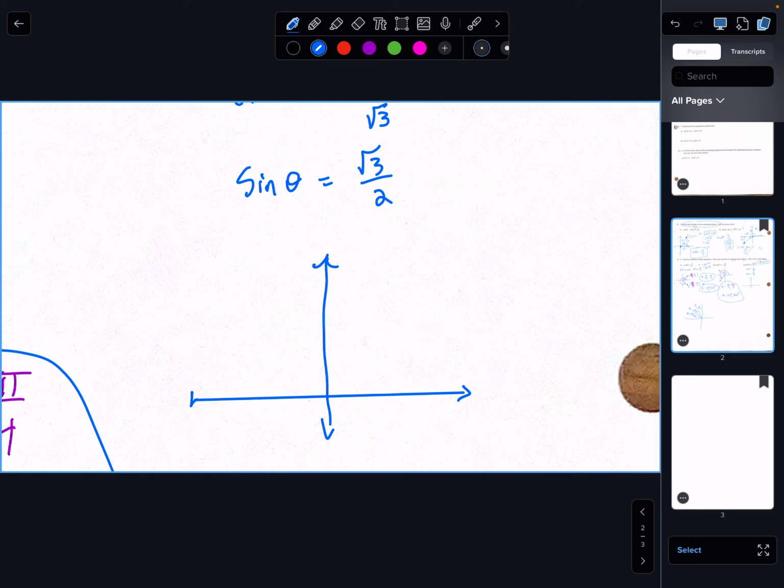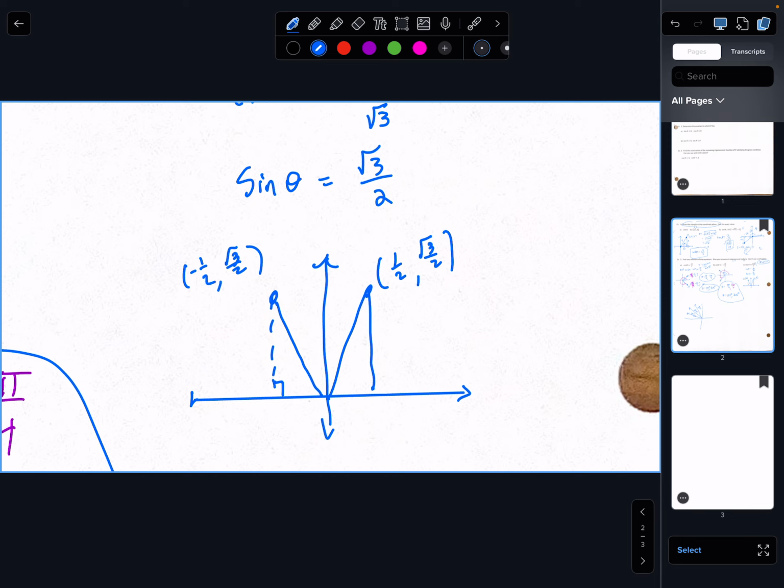If this is root 3 over 2, I'm looking for where the y coordinate is root 3 over 2, and that means I am going up the value of the long leg and the short leg must be 1/2. In quadrant 2, if I rotate all the way to there, the y coordinate is my root 3 over 2, and my x is negative 1/2.